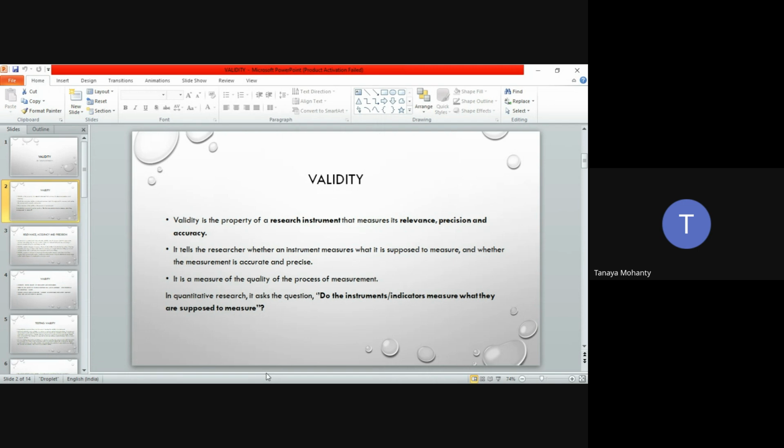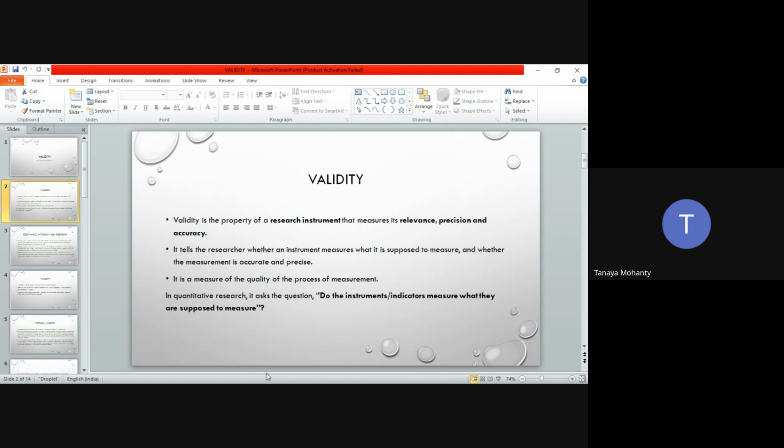What constitutes a research instrument? Or the research tools that you use? Survey questionnaire. Very good. So, when we talk about validity, we are actually talking about the research instruments or the tools, which could be your questionnaire, your interview schedule, or your interview guide.